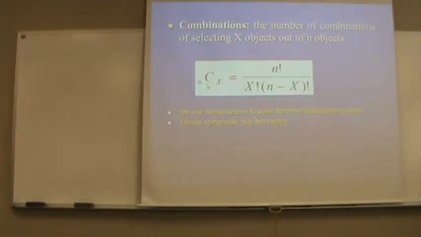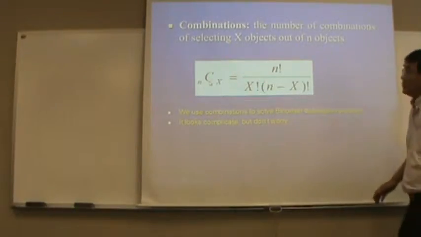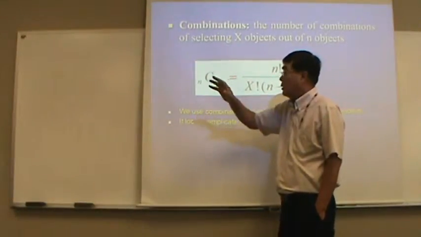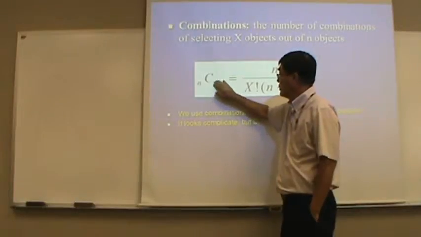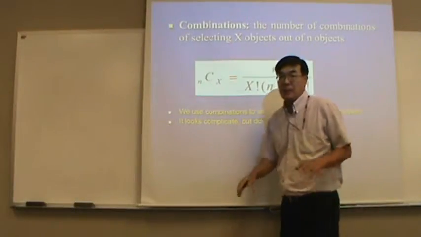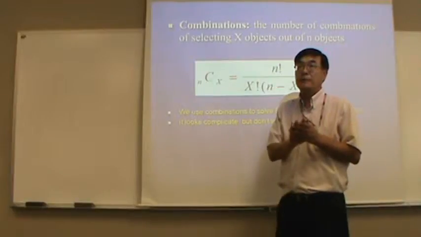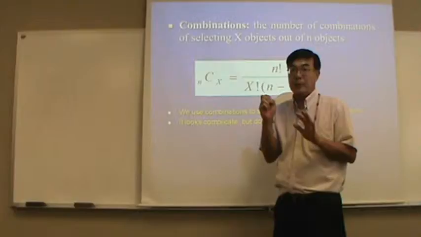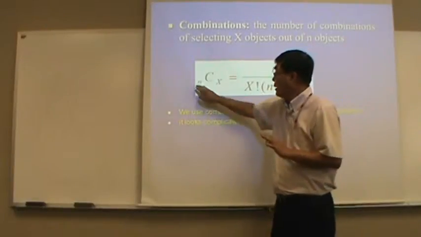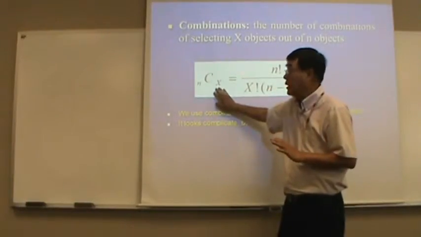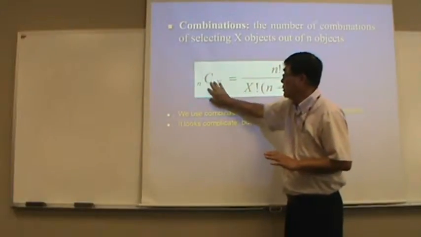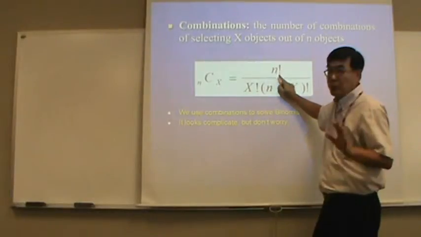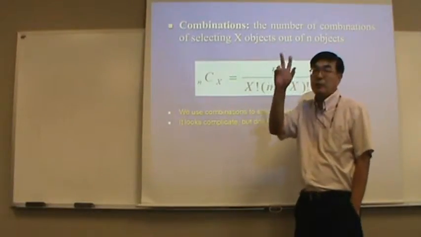Combination: if we have total number n, among them pick some. It's like there are 10 possible numbers and then pick 3. That case, n is 10, x is 3. Combination x out of n equals n factorial over x factorial times n minus x factorial. You know factorial.